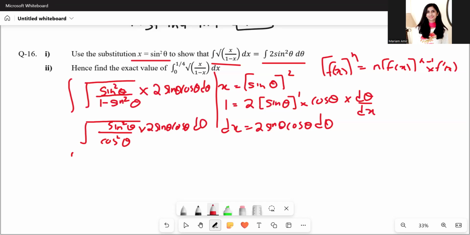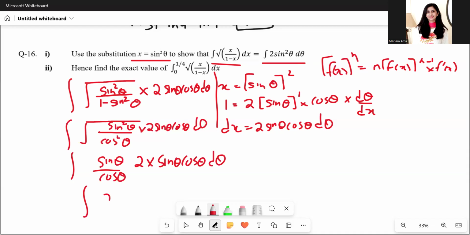So this becomes sine theta over cos theta, and cos theta and cos theta get cancelled. And we get the required form, which is 2 sine squared theta d theta.